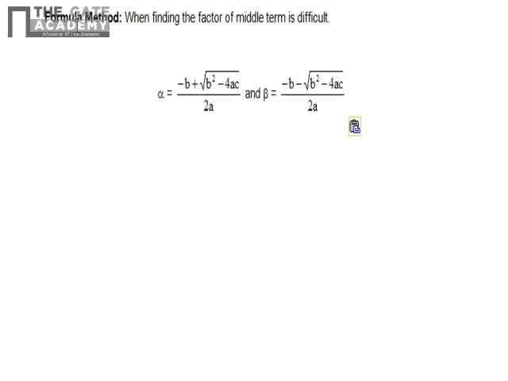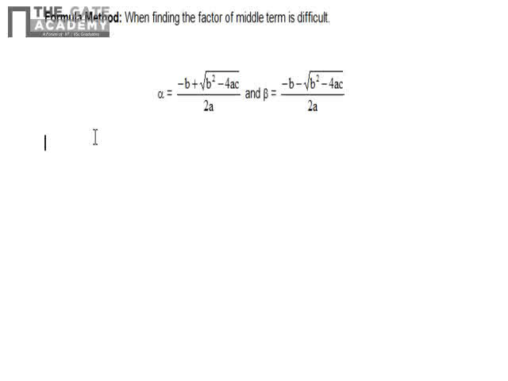The formula is that for the first root, we can take the notation alpha as minus b plus root of b square minus 4ac upon 2a, and beta as minus b minus root of b square minus 4ac upon 2a. The difference is only the plus and the minus sign.